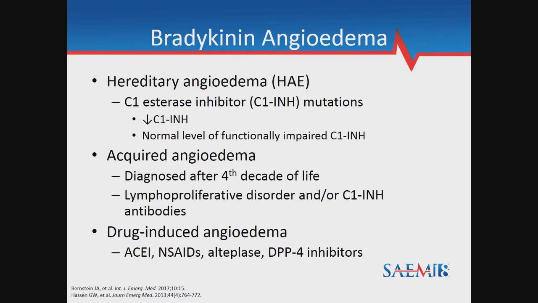Acquired angioedema is typically diagnosed later in life, and over half of these patients have either a hematologic or an immunologic component of their angioedema. And lastly, what we'll be discussing today is the drug-induced angioedema, specifically ACE inhibitors, but keep in mind that there are other medications and other classes that are commonly associated with angioedema.